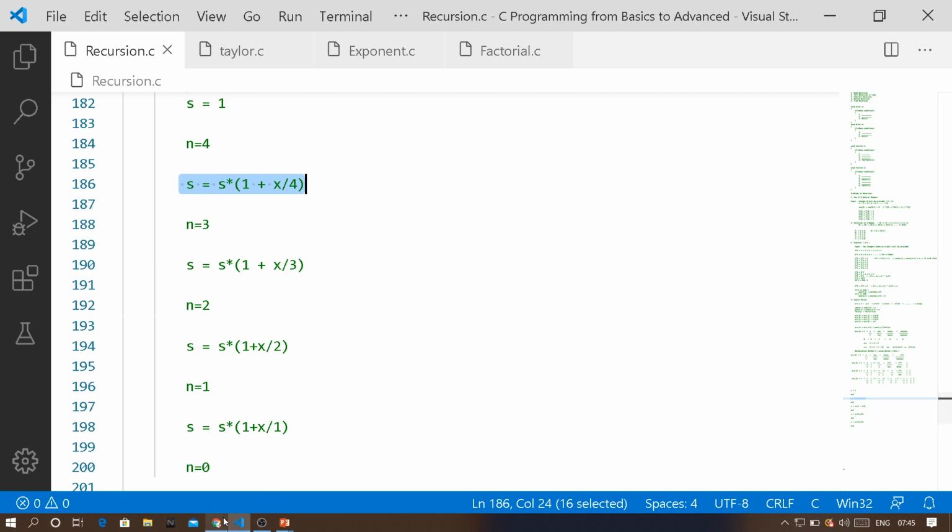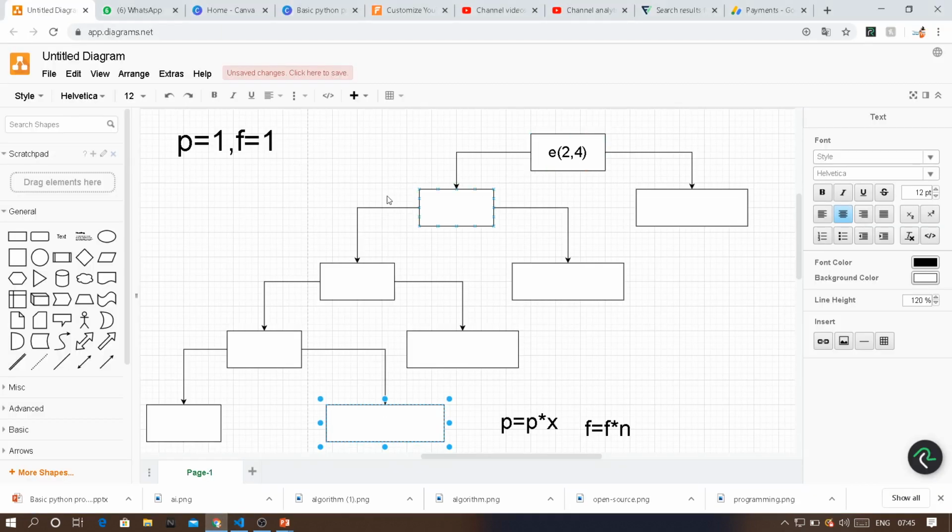Okay, fine. So now what is the first process? By default, for example, we are taking a variable called s and initializing it to 1. Now I have called e of 2 comma 4, and when e of 2 comma 4 is called, I should be multiplying s by 1 plus x divided by the present value of n, which is 4.